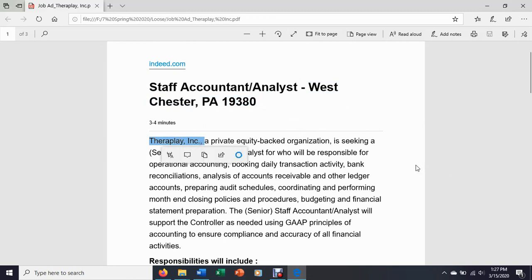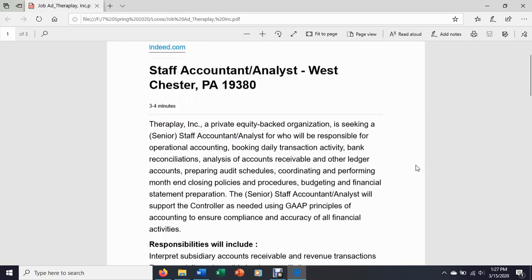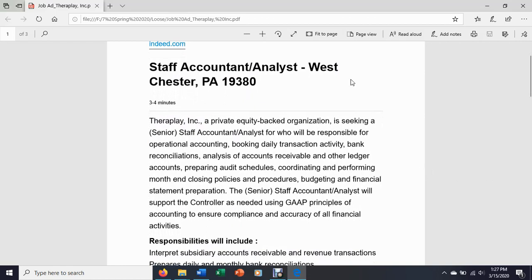So one of the things that you would want to do if you were interested in this job, if you're an accountant or an account analyst or whatever it is, you would actually want to look into Fairplay Inc. and see what kind of company they are, what kind of stuff they do, and you would want to try and assess their values, assess their concerns, what's important to them, what kinds of things they are likely to look for in an employee.